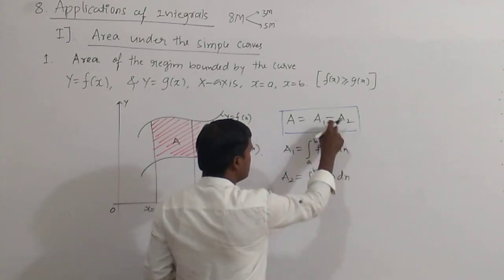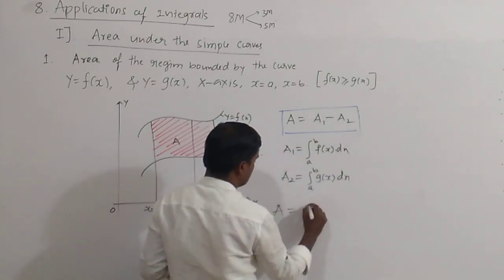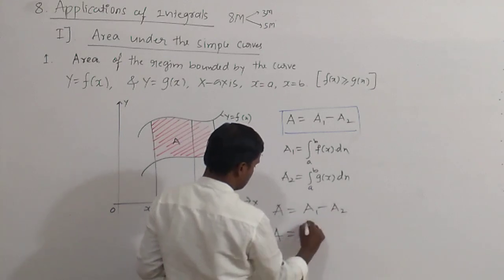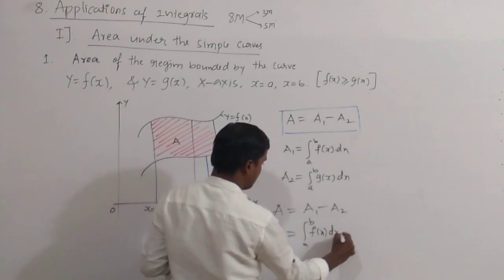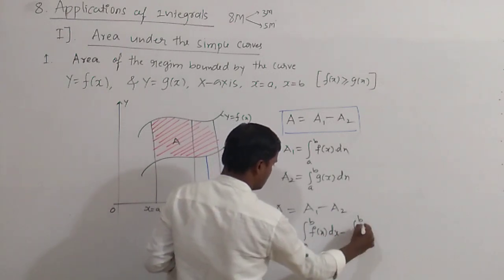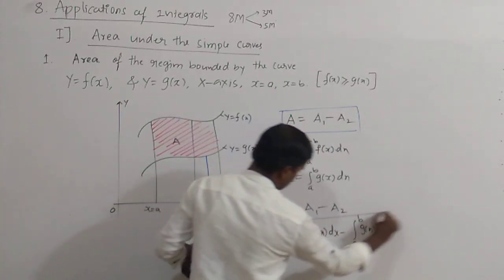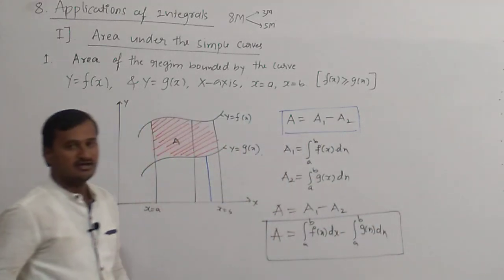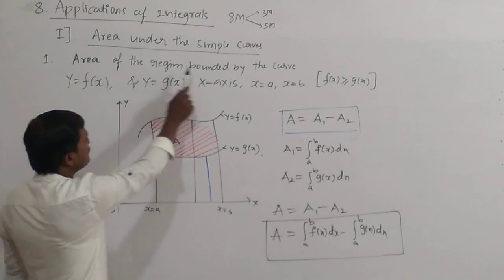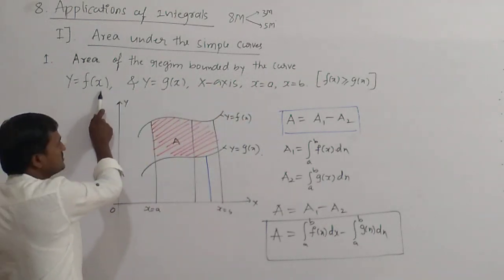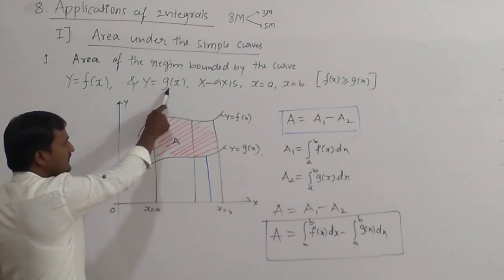So substitute these in this equation, that gives a1 minus a2. What is the value of a1? The integration from a to b of f of x dx minus the integration from a to b of g of x dx. So this gives the formula to find the area of the region bounded by the curves y equals f of x and y equals g of x.